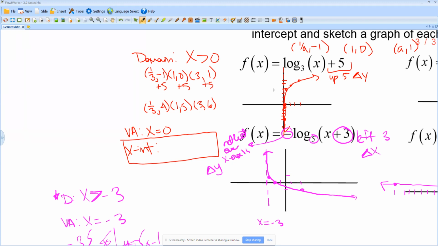So what I can do in that case is take the base, 3, and say originally this would just be 3 to the 0 power, right? Yeah, 3 to the 0 power. But what I've done is shifted this up 5.